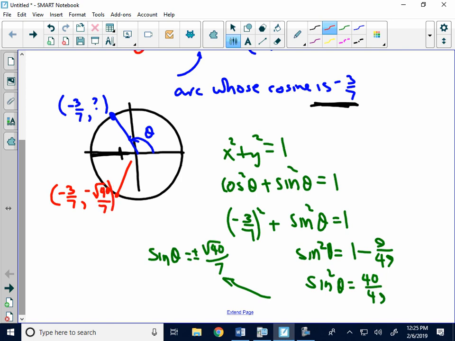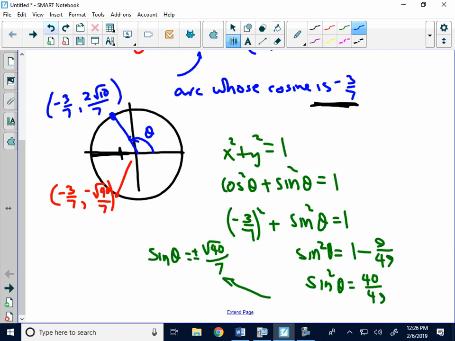Up here in the blue, this would have been positive root 40. So minus 3/7. Root 40 is just screaming out to be 2√10, over 7. Okay, so there's theta.